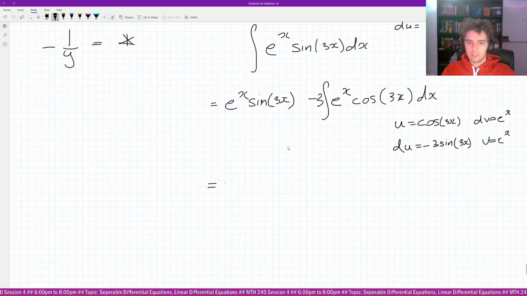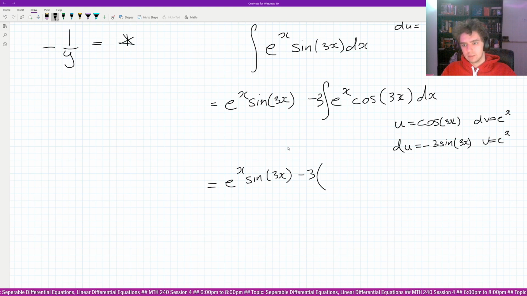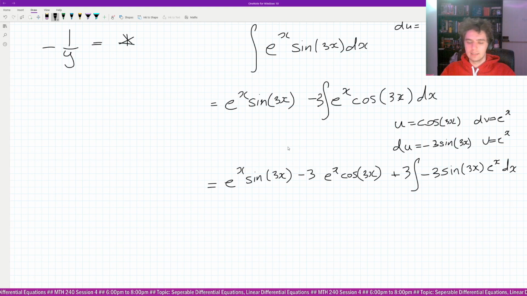So this is going to be e to the x sine 3x minus 3 times e to the x cos 3x. Actually, I'll multiply the minus 3 in right away. So minus 3 e to the x cos 3x, minus 3 times the integral of negative 3 sine 3x e to the x dx.